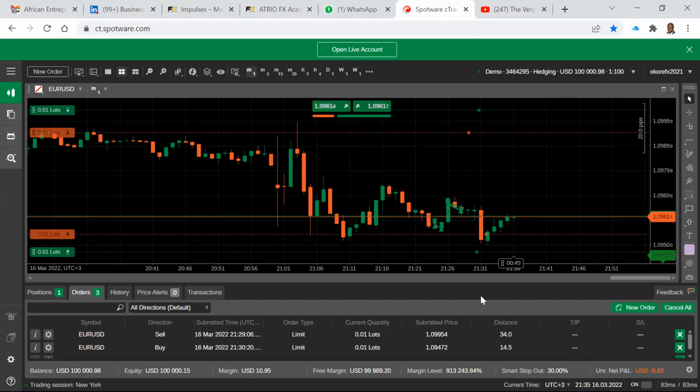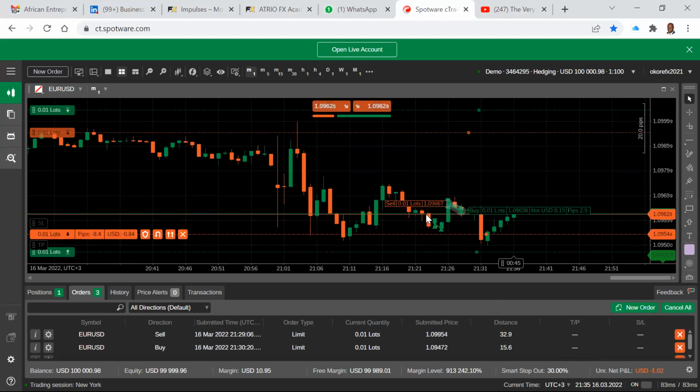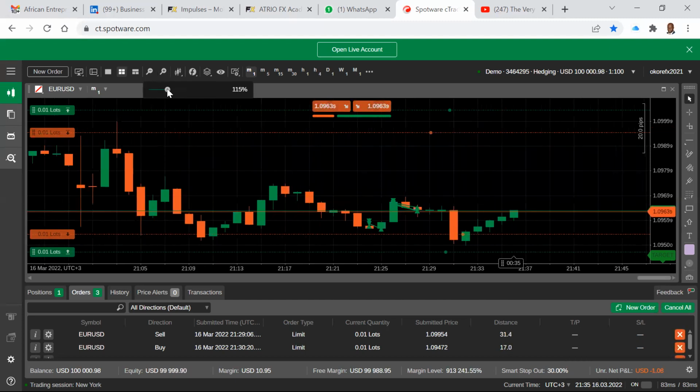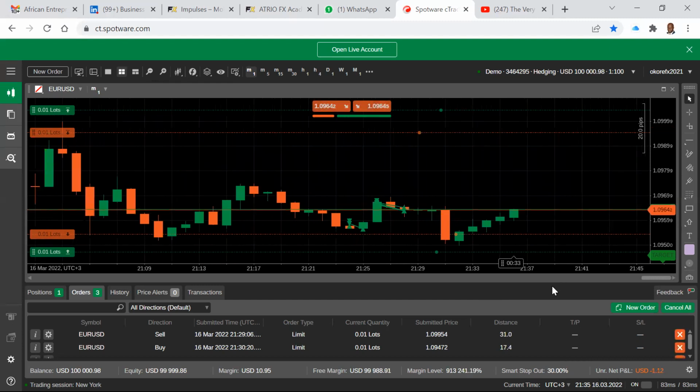Before we get into the market structure, these things we've been calling candles all the time, today I want to get into the anatomy of the candle, and really what it means.